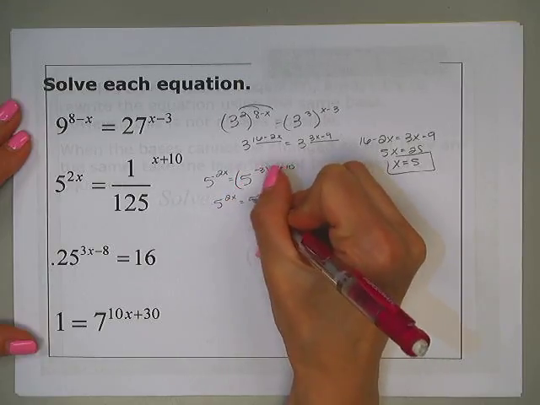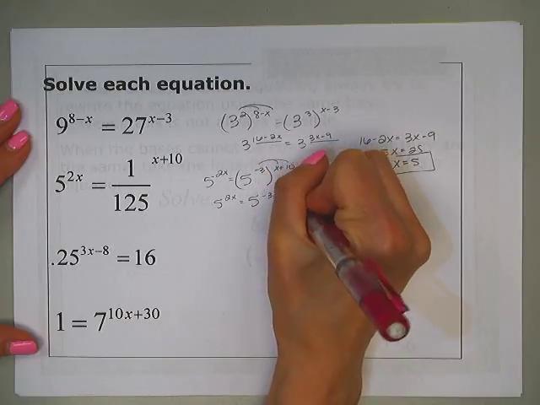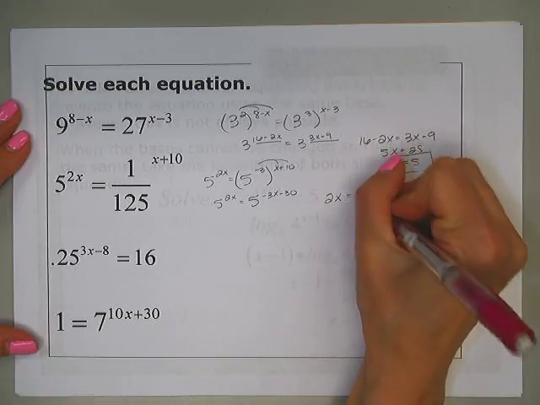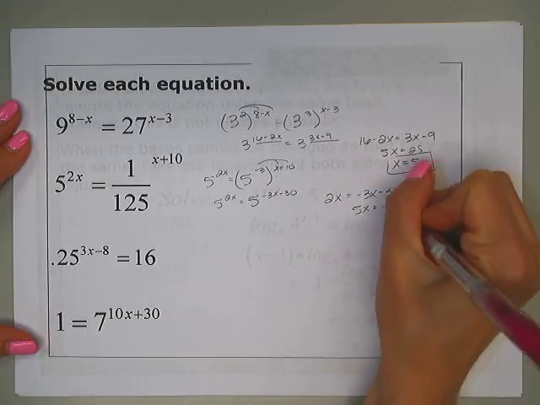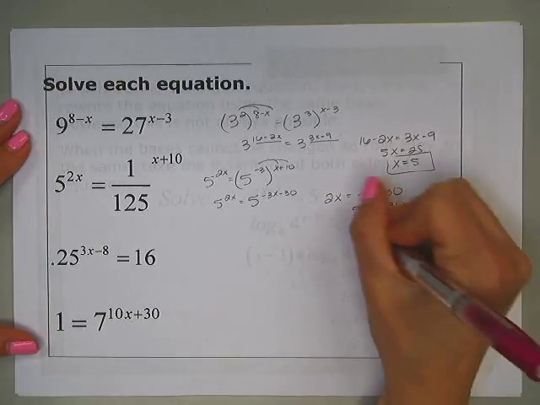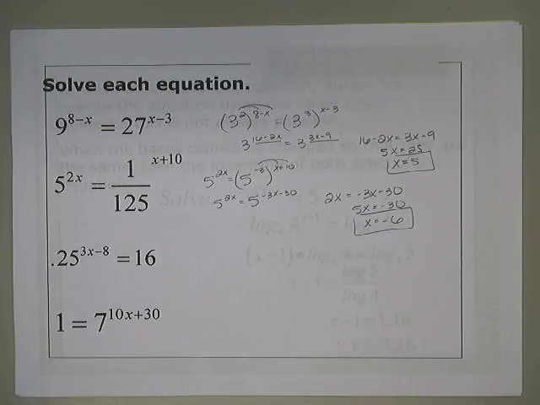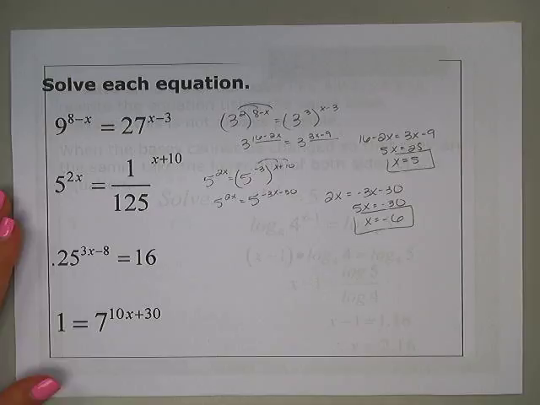Therefore, I have 5 to the 2x equals 5 raised to the, distribute through, negative 3x minus 30. Therefore, 2x equals negative 3x minus 30. 5x equals negative 30, and x is therefore negative 6. Again, plugging it in, it will make it a true equation.